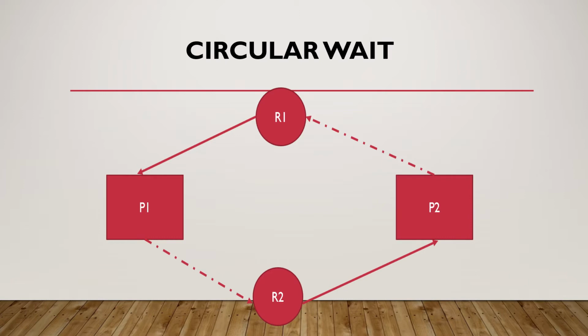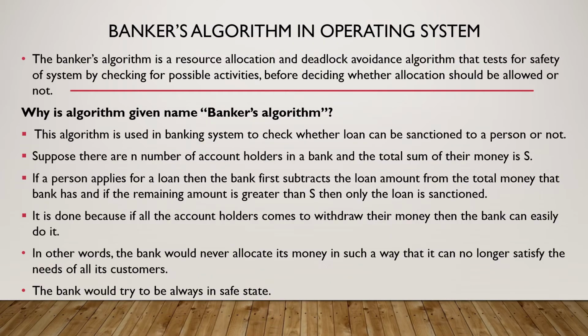P1 is allocated resource R1 but it is waiting for resource R2. Similarly, P2 is allocated resource R2 but it is waiting for resource R1. So this is a circular wait problem. Both are waiting for each other and both will not be terminated unless and until anyone gives away their resource. So this is a deadlock problem.